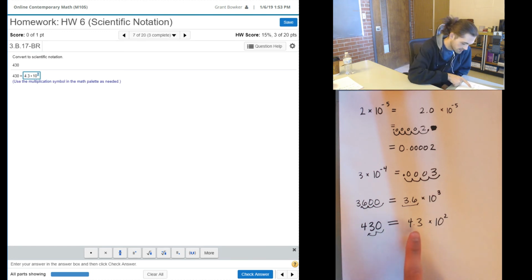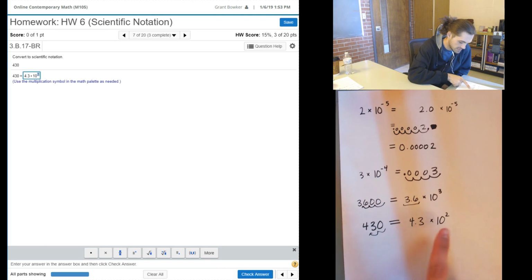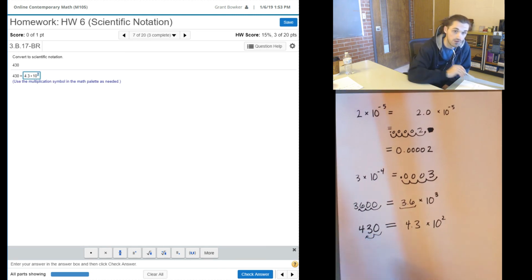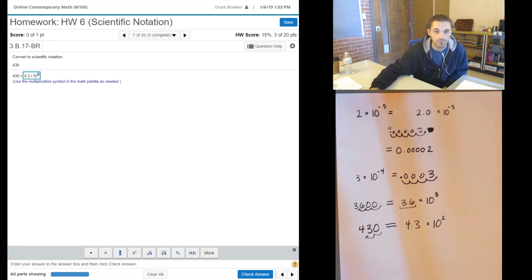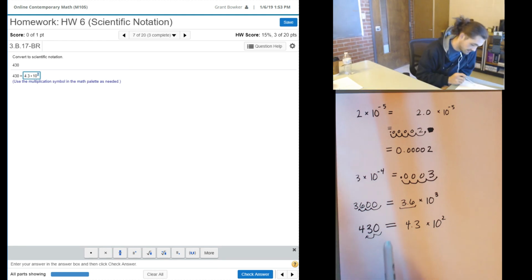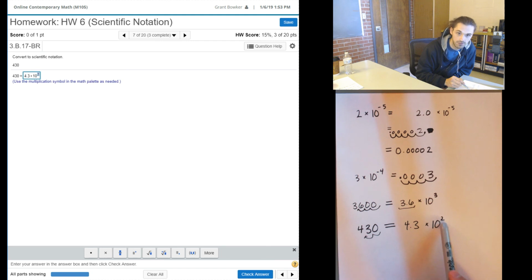Again, you can type 4.3 times 10 to the 2 into your calculator and you will get 430. So the thing to keep in mind is keep track of how many spots you need to move that decimal place. The number of spots is going to equal the magnitude of this exponent, and then it's a matter of reasoning through, does that need to be a negative exponent or does it need to be positive?